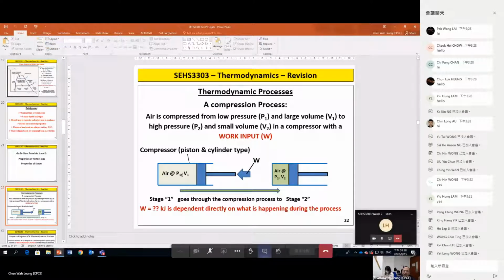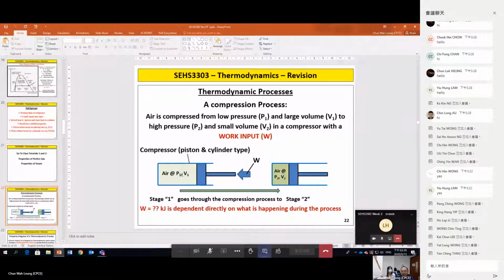For example, from 1 to 2, if this process involves low loss, that is a very ideal compression process, then the work we input will be relatively less when compared to the case where a very high loss is encountered.